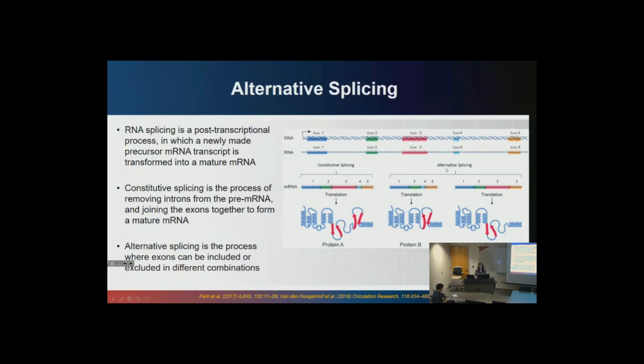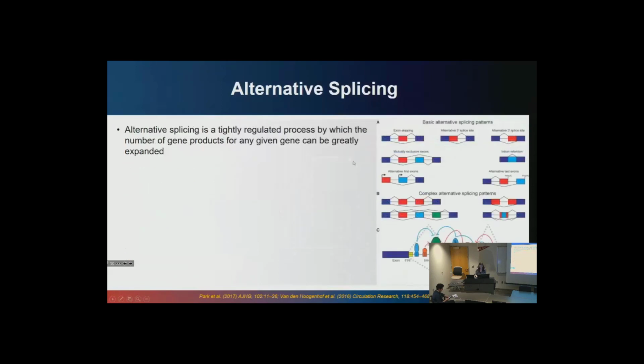In the alternative splicing scenario, the first one excludes exon 3, and the second one excludes the 4th exon. So this also shows that 3 different isoforms of messenger RNA can be generated from the precursor RNA. This is just a simplified version of alternative splicing patterns, and in real life, it may be a little more complicated than that.